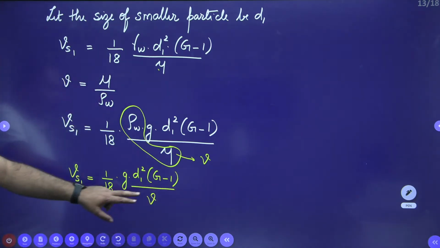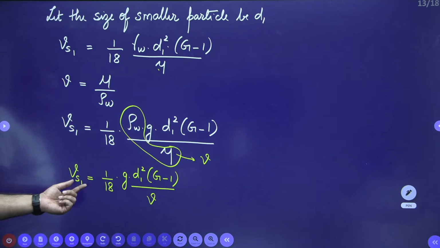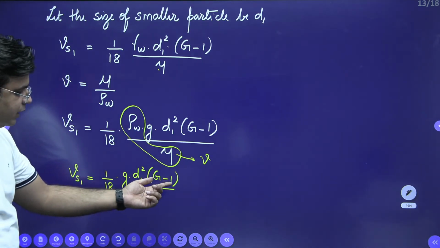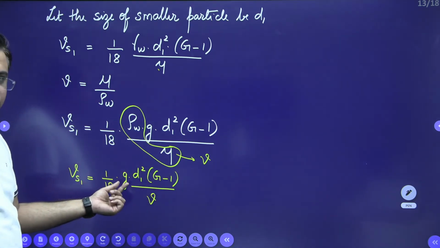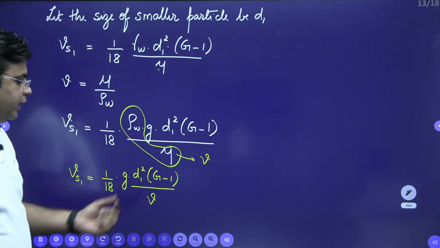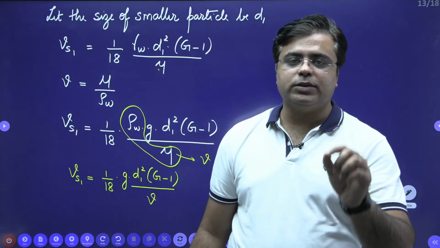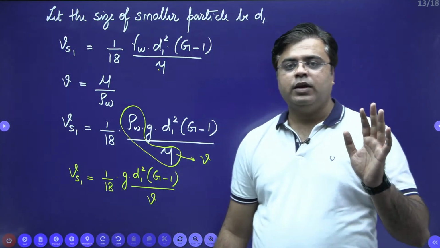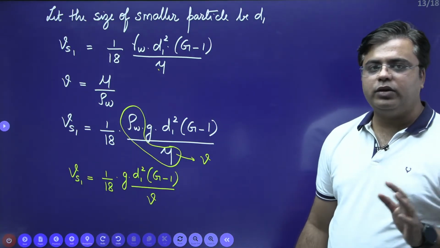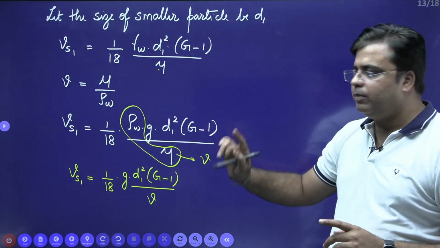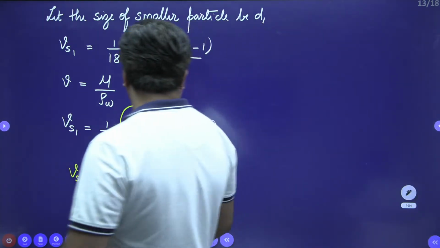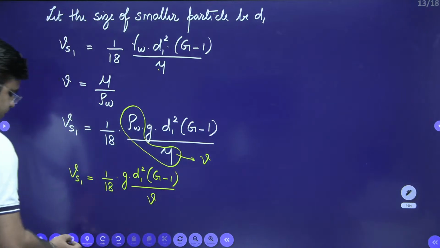Now you substitute all the values. You know the value of Vs1, you know the value of nu, you know the value of capital G and small g both. You can get the value of d1 square. The only catch in this question is the substitution of units. If you do not take care of the units, 100% you will make a mistake in this question, okay. So now just substitute all the values.